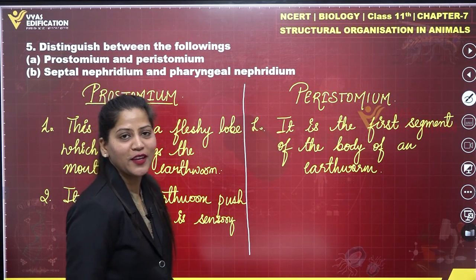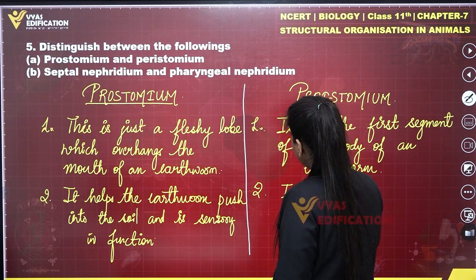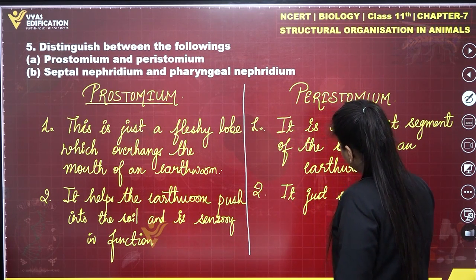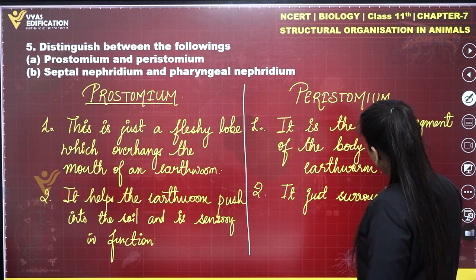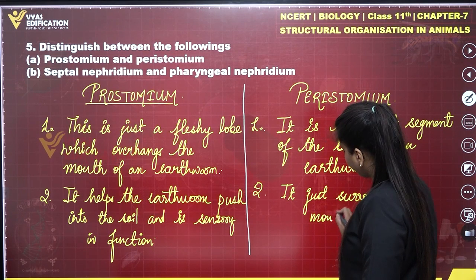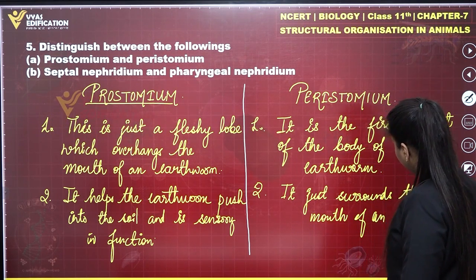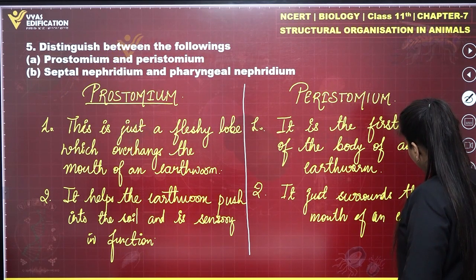The next point for peristomium is it just surrounds the mouth of an earthworm.